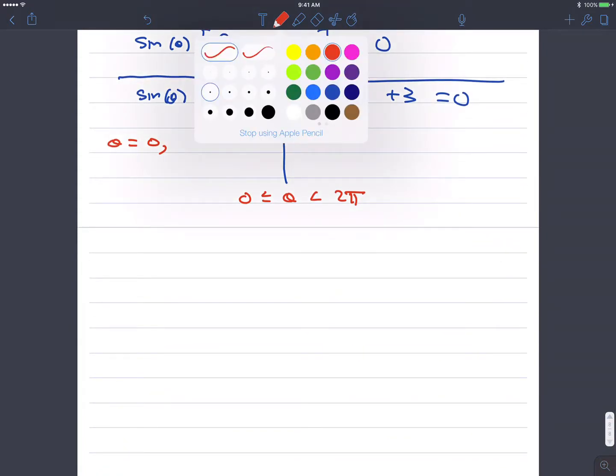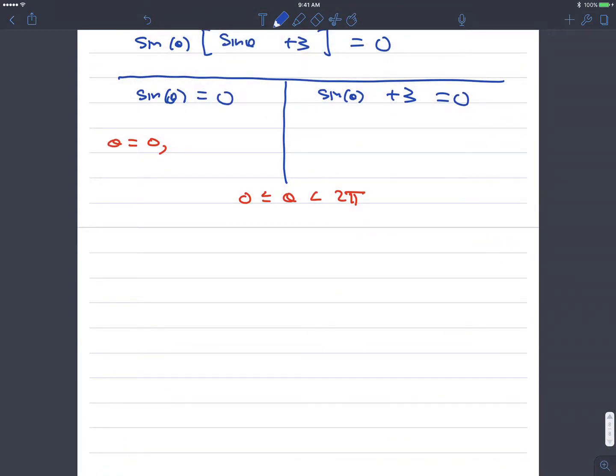Okay, let's draw the picture. Not the best picture, not to scale really. This is my theta, right?